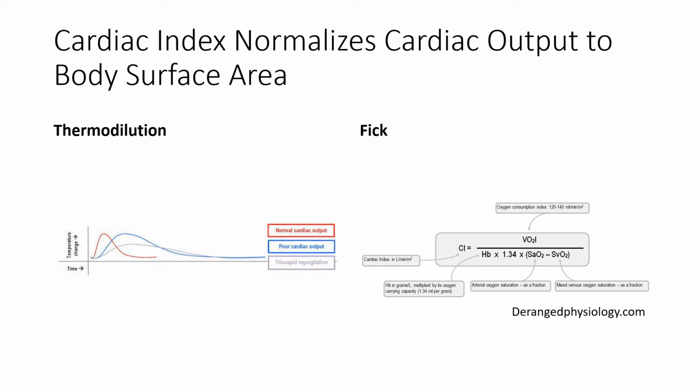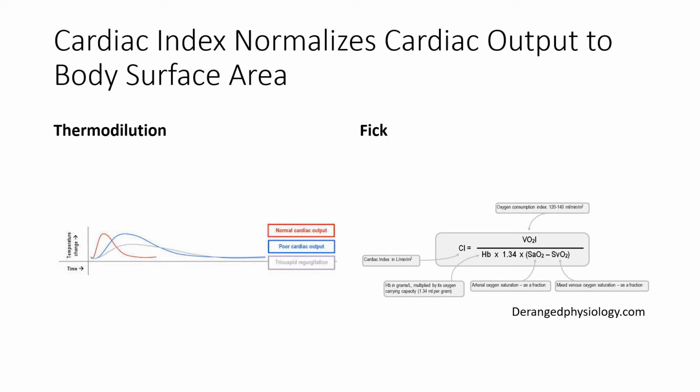Let's just say, for the purposes of this illustration, let's make the numerator 134. And we're going to say that hemoglobin is assumed to be 10. So 134 divided by 10 multiplied by 1.34 results in a simplification where the cardiac index can be approximated by taking 10 divided by the difference between the SaO2 and the SvO2.